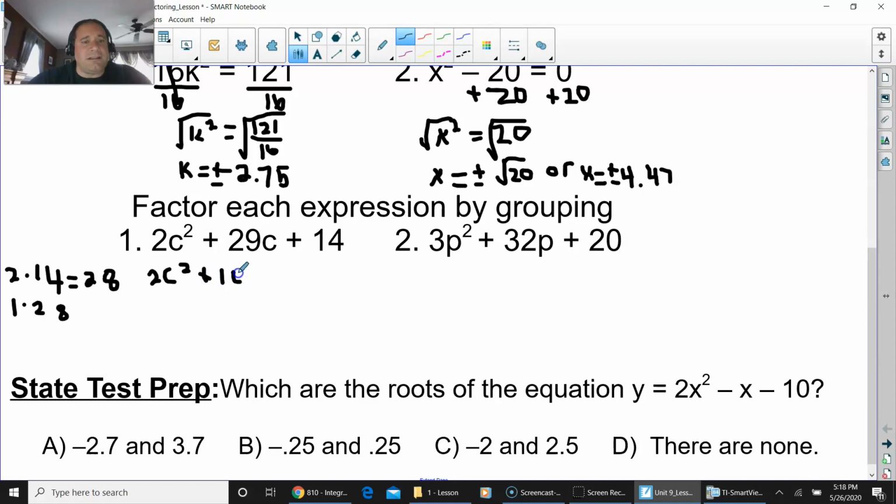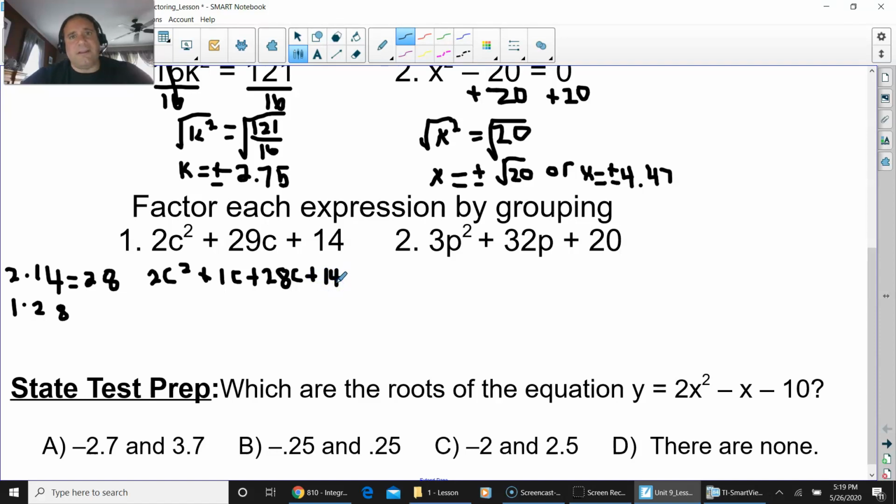Instead of 29c, I'm going to put 1c plus 28c. And that is 29c. Remember, you don't change it. It's just that you're replacing that 29c with factors that multiply to 28 and that add to 29. So now I'm just going to write down that 14 and everything is ready to go.